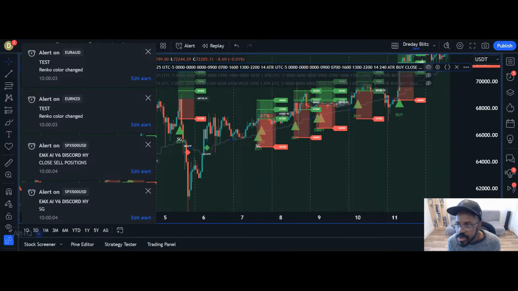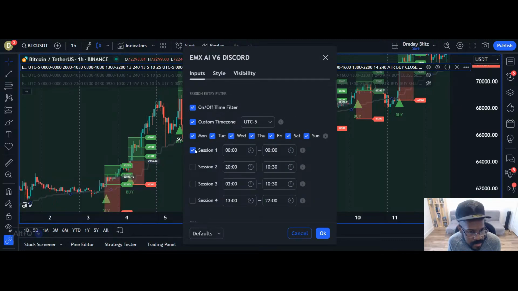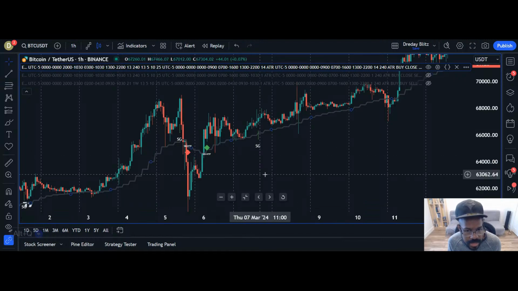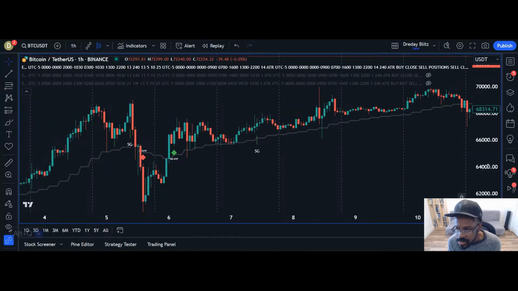And I'm just going to remove the buy and sell setups here, so it's not going to confuse you. And you have the option to remove the signals or not, and only use the switches, so the buy and sell switches.